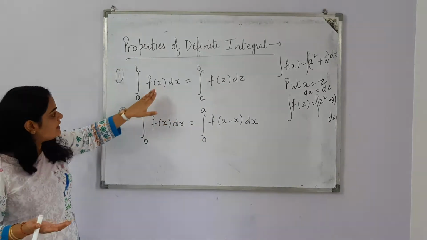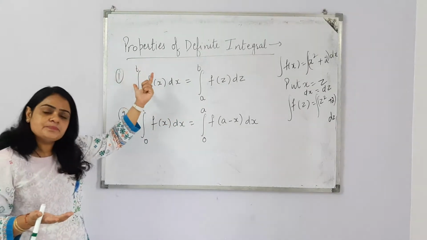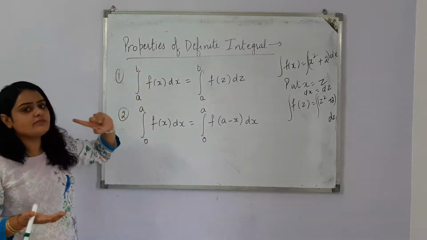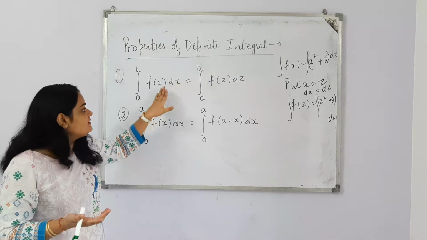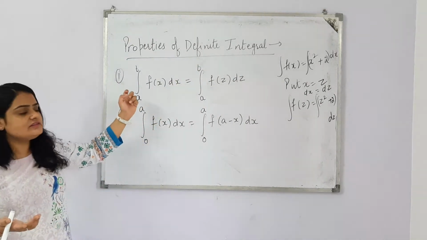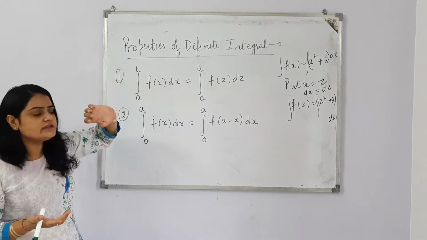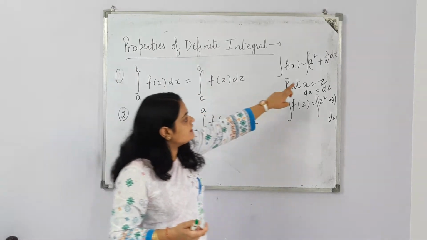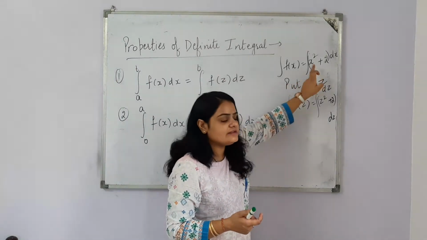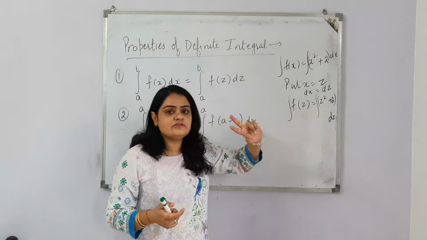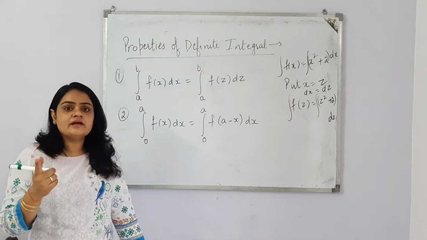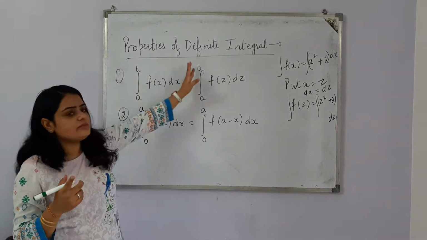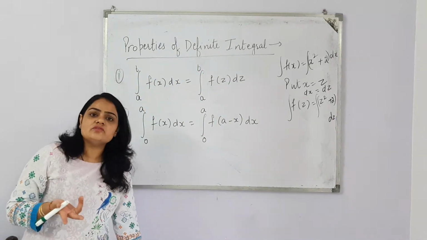There will be no change in the value after solving the integration, because after solving the function we substitute the limits, and the answer depends upon the limits. Its answer will be x cube by 3, and the other answer will be z cube by 3. So if x and z are different, the answer will be different, but if we substitute the same limits, we reach the same position.